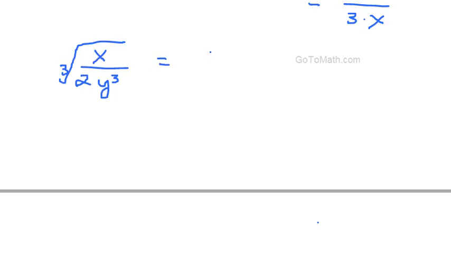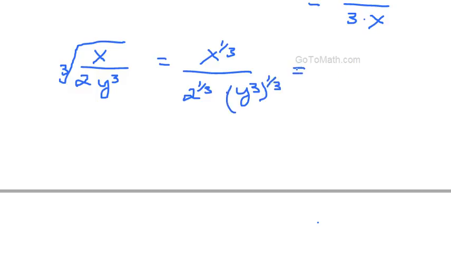I'm going to rewrite this as x to the 1/3 over 2 to the 1/3, and y cubed raised to the 1/3. We're just going to break this up, and the reason for that is because y is cubed.